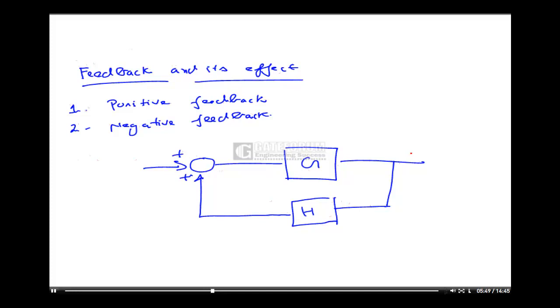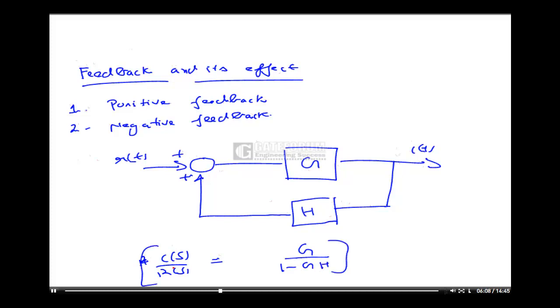If the output is added with the input, then it is a positive feedback. In this case, C(s)/R(s) is equal to G upon 1 minus GH.